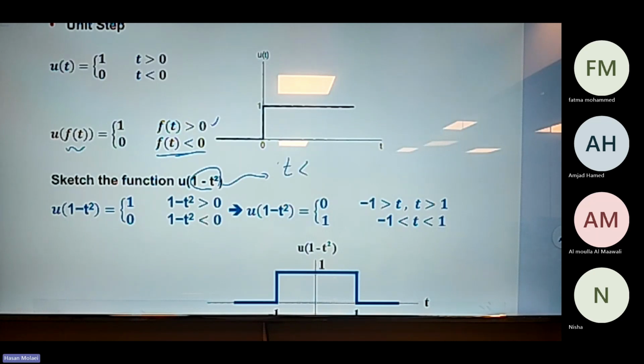When t is between minus 1 and 1. When t is bigger than 1 or smaller than minus 1, this value would be negative, and then u should be 0. u of f(t) is 1 when f(t) is a positive value. Clear?